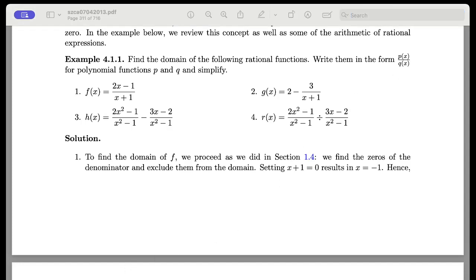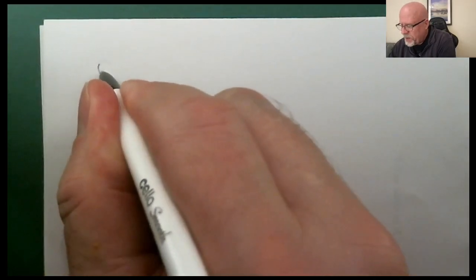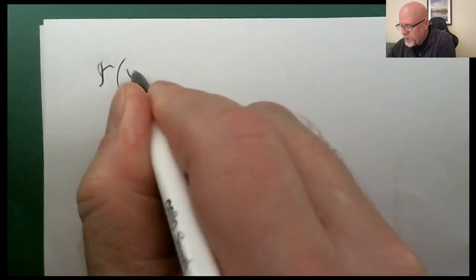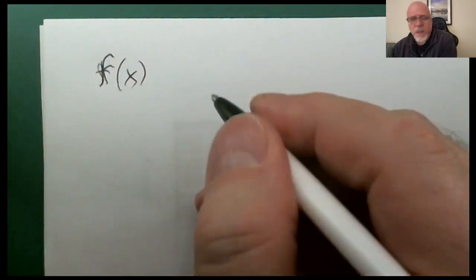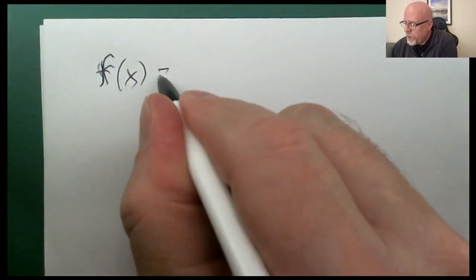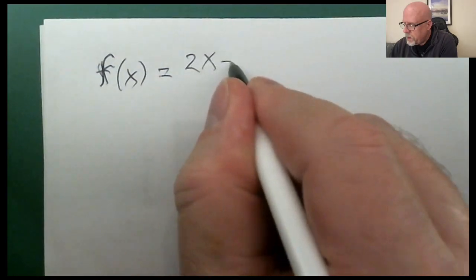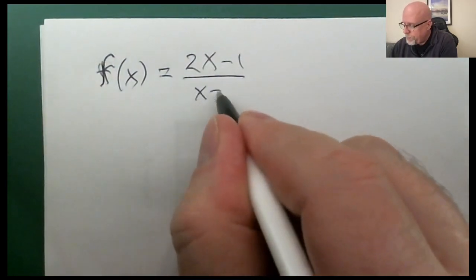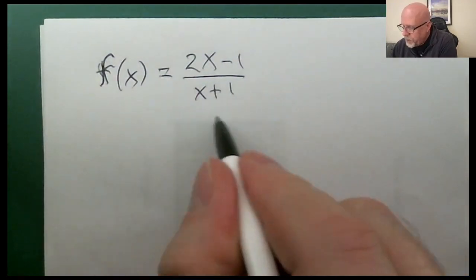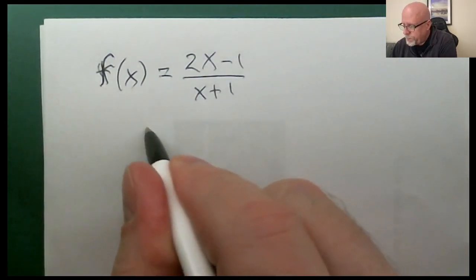Let me do some drawing about that one. So, right, our function, let's call it r of x to stay with the letter convention. Oh no, they called it f of x, so I'm going to live with that. f of x is 2x minus 1 over x plus 1. And this is undefined when x is negative 1.